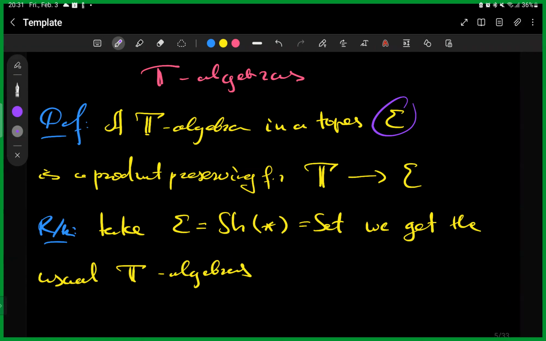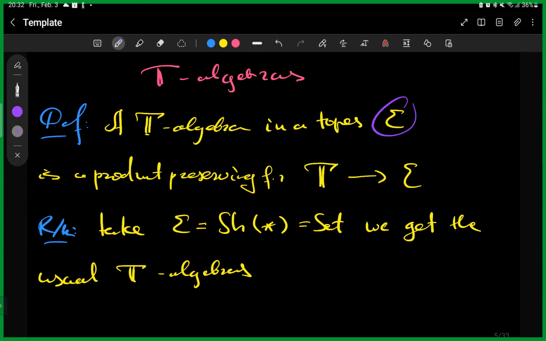So for example, we get the usual groups, the usual Lie algebras, the usual abelian groups. But if we consider some more interesting topos than just sets, we obtain group objects or abelian group objects or Lie algebra objects in some non-trivial topos. So for example, we can take sheaves on some scheme and we will obtain group objects in sheaves on a scheme.